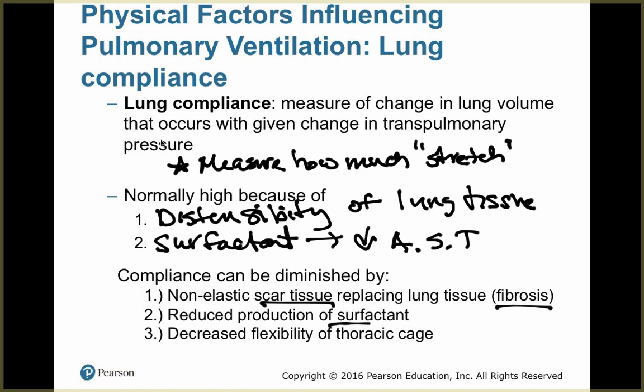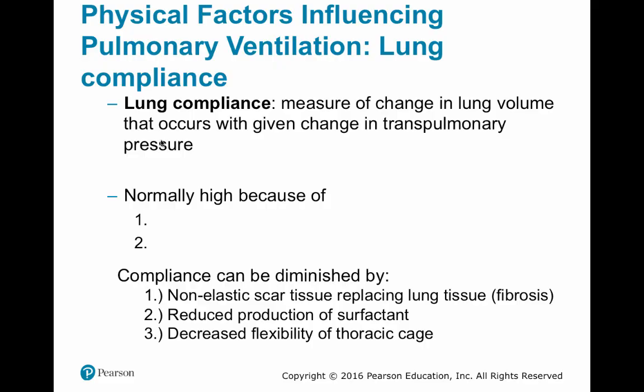If you don't have as much surfactant, then you're going to have that increase in surface tension of water again, which is going to cause pressure to come in, and you're more likely to have the collapsibility of your alveoli. And if you have less flexibility in your thoracic cage, you're not going to have the flexibility where your rib cage opens more. So then your lungs aren't going to stretch as much.